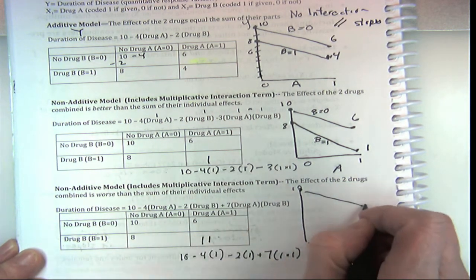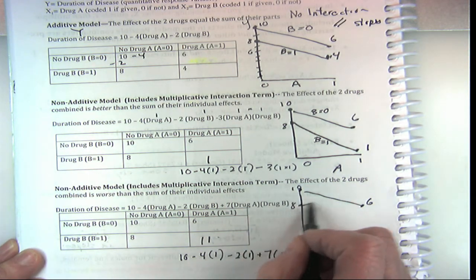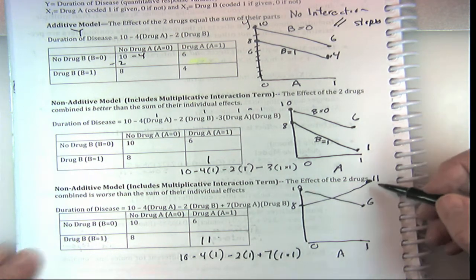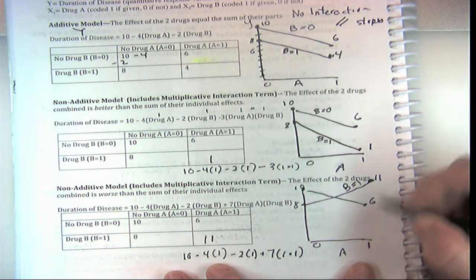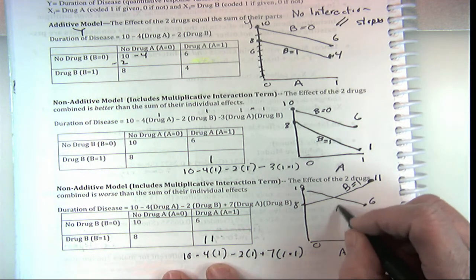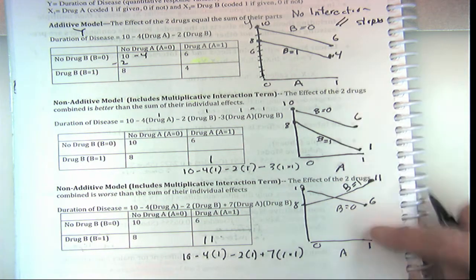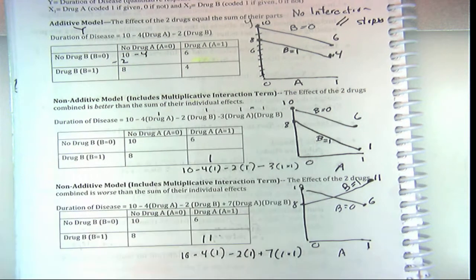See? We'll start off at 8, but now it's going to go up all the way there to 11. And that's when B is equal to 1 and A is equal to 1. And of course, this is still B equal to 0. So that's the idea. These two have non-parallel slopes, and that's what the interaction effect does. It allows for different slopes.